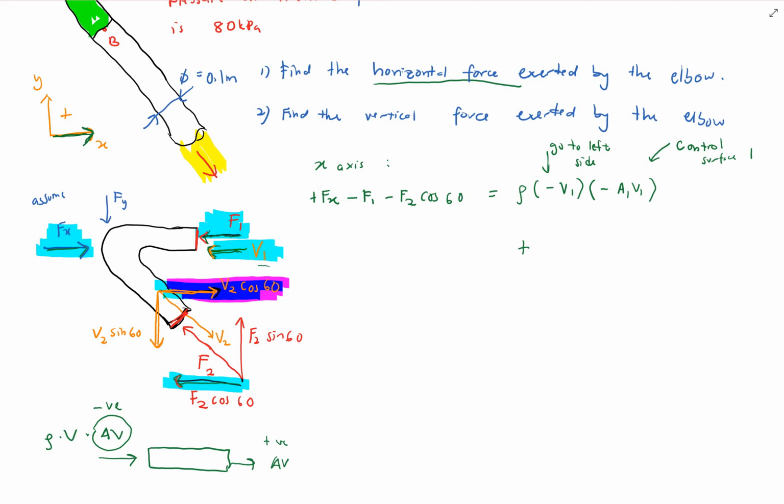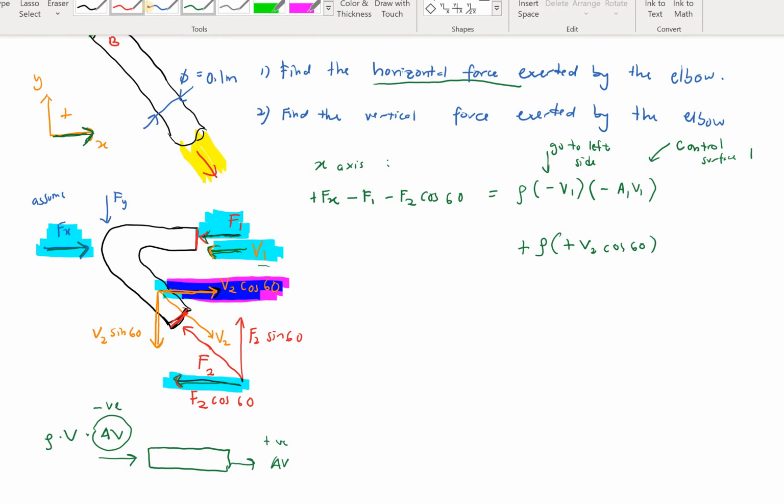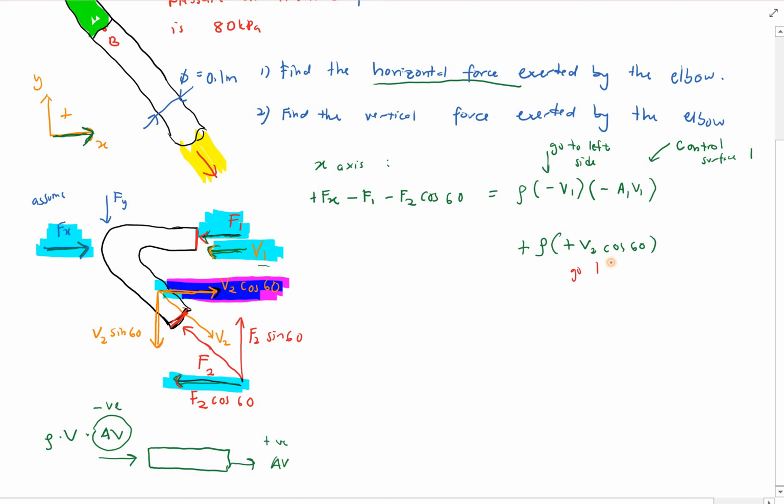So what you have there, V2 is going to your right hand side, so density plus V2 cos 60. Again, it becomes positive because it goes to the right side.